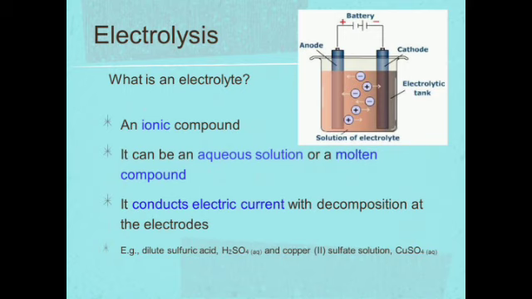So graphite is still an allotrope of carbon. It is dipped into brine, the aqueous sodium chloride solution contained in a tank. So there is a tank, and the anode, which is made of graphite, is dipped into that tank, and the tank contains the aqueous sodium chloride.